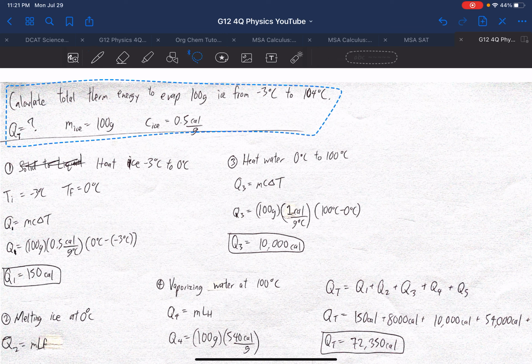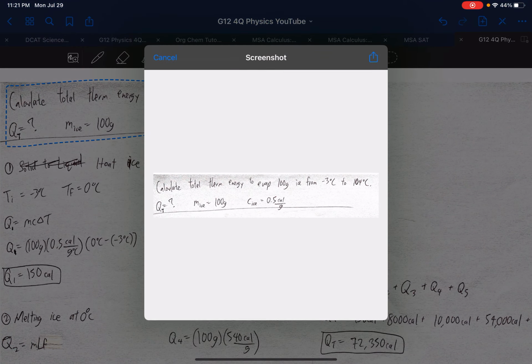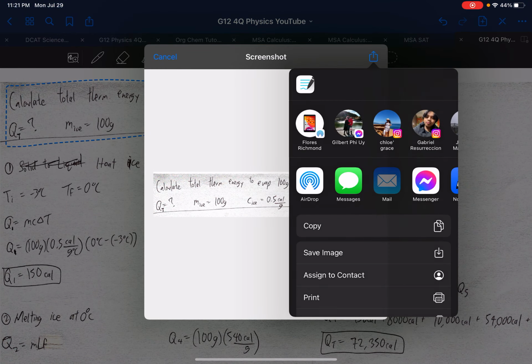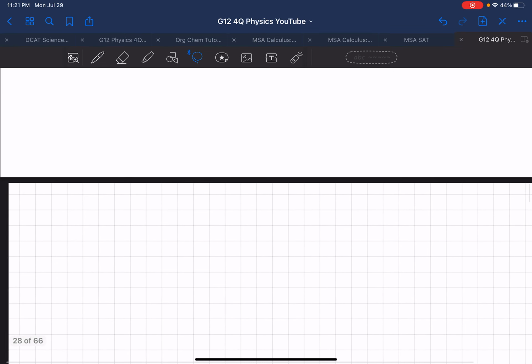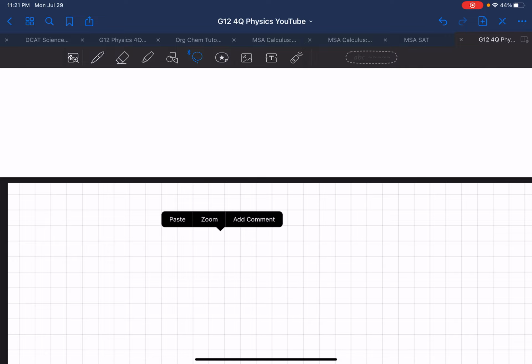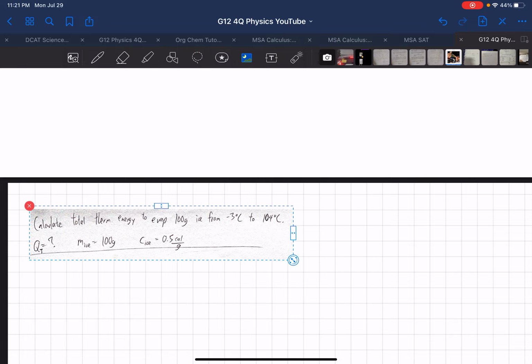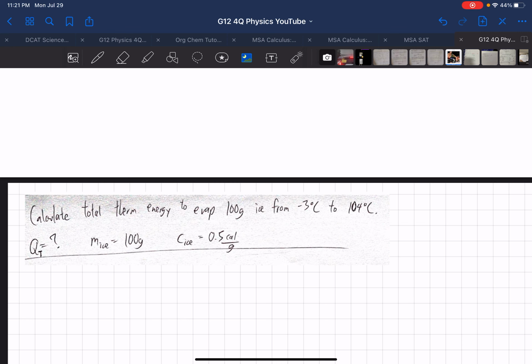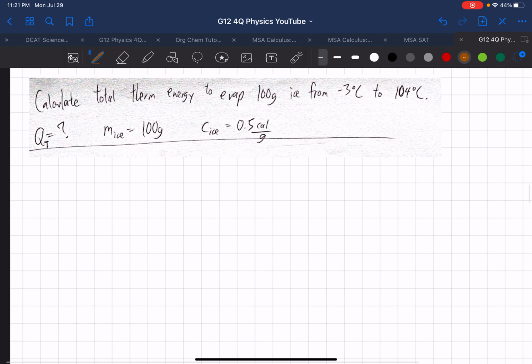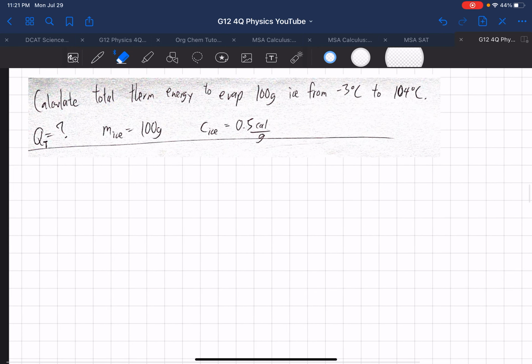So here we have to calculate the total thermal energy that is required in order to evaporate 100 grams of ice from a temperature of negative 3 degrees Celsius to 104 degrees Celsius.